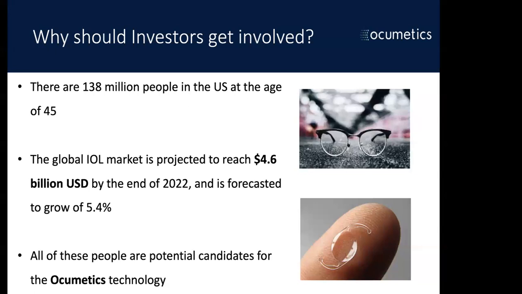So the lens that's on the finger in this particular image is the relative size of what we're talking about with the Ocumetics lens. It's really, really tiny and really, really small, but yet and still it packs a big punch, and it does a lot for the patients. And we will see that when we do our clinical first in human study, what the performance characteristics are and how much accommodative amplitude patients get with this technology.